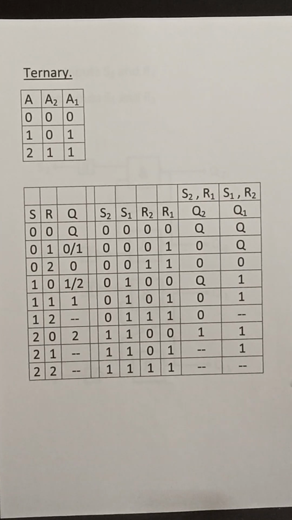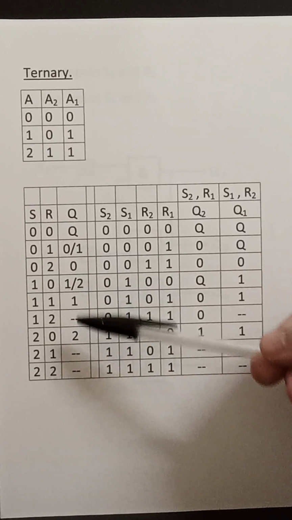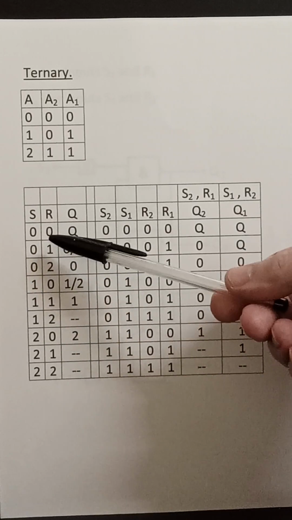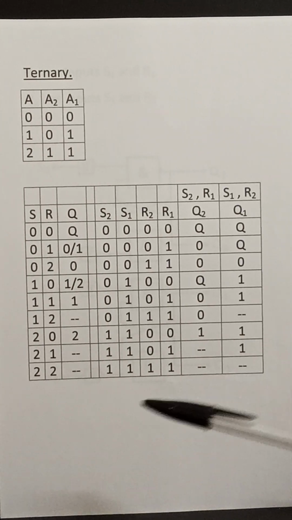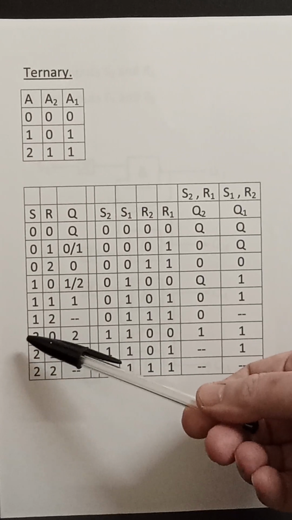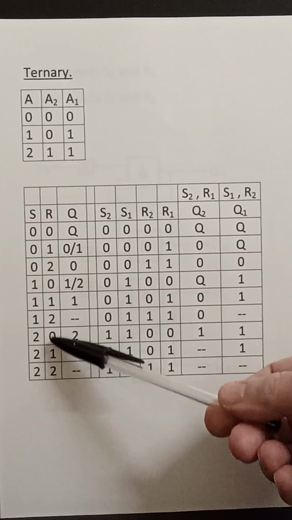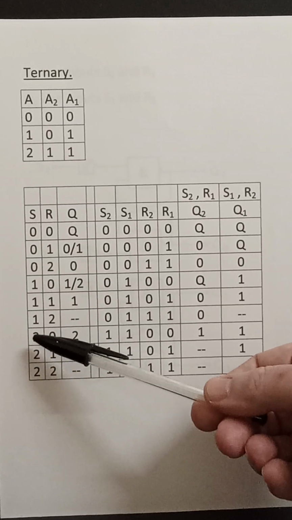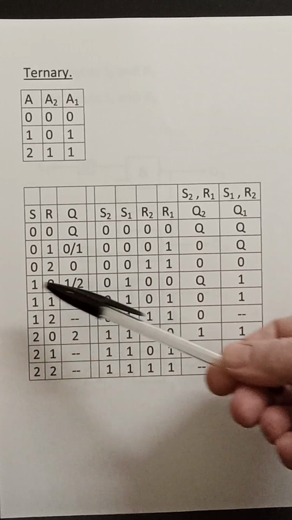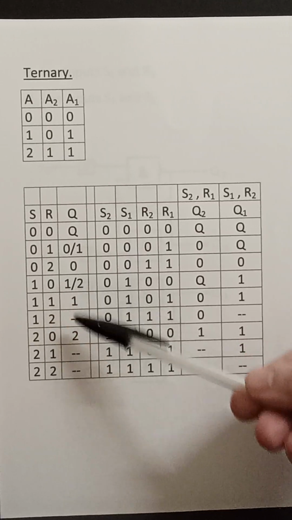Now the idea is to set a logic state, either 0, 1 or 2, and get it to the hold state Q, which is S equals 0 and R equals 0. So for example, to set a 2, you set S to 2 and R to 0. R is already a 0, so you just need to get S to a 0. So S equals 1 and R equals 0 holds a 1 or a 2.